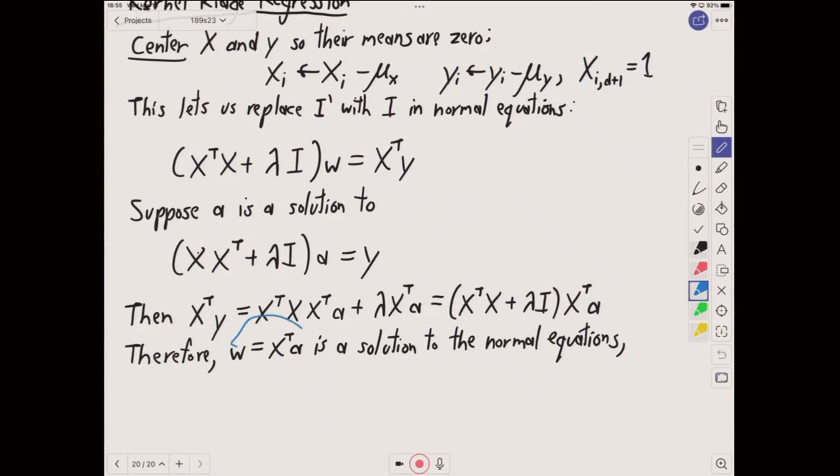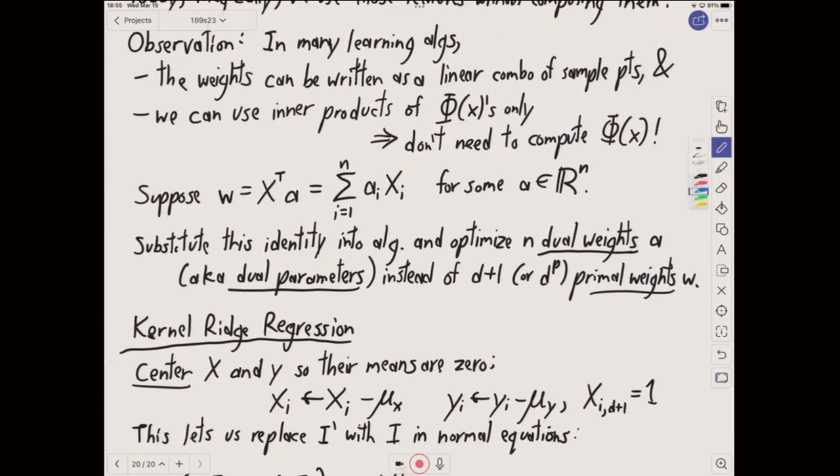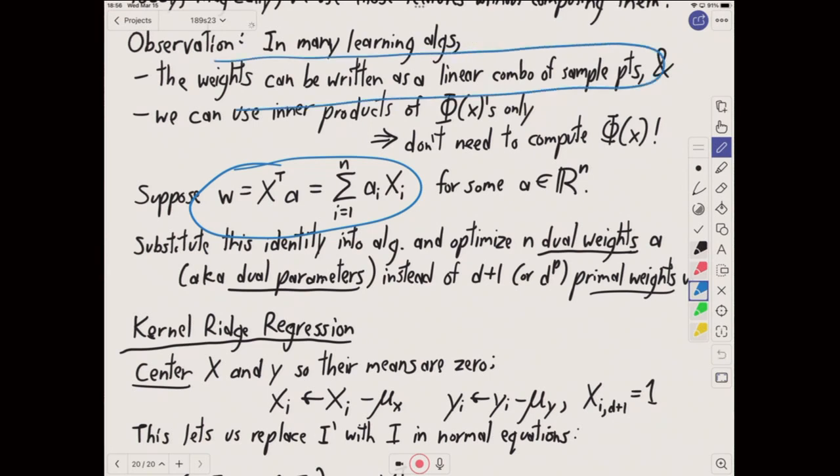Moreover, this solution that we have found to the primal equations also satisfies what I told you is a precondition for the kernel trick. So we have verified that this particular algorithm, ridge regression, where you penalize the bias term, does indeed have this property that the weights can be a linear combo of sample points.